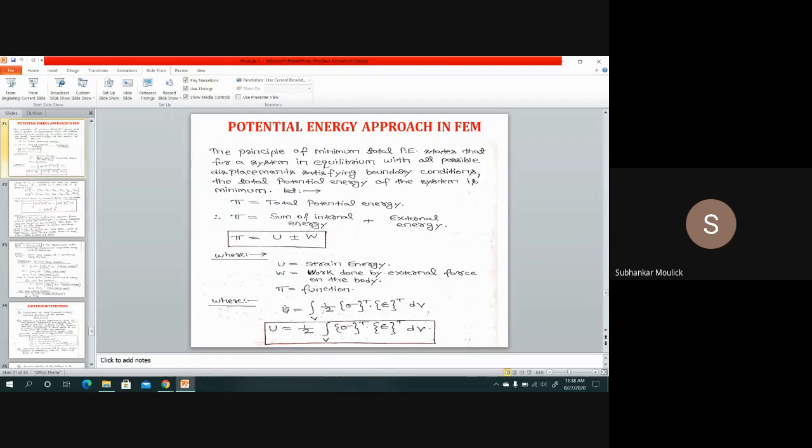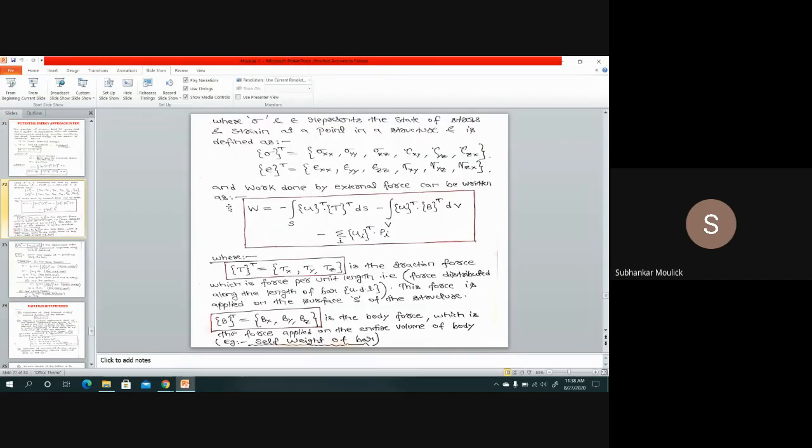And I have told you these formulas. This is the formula for strain energy, and this is the formula for the external work done by the external force on the body. Again, it has three components. That is the work done due to traction force. Traction force is nothing but the force applied on the surface of any structure, for example UDL.